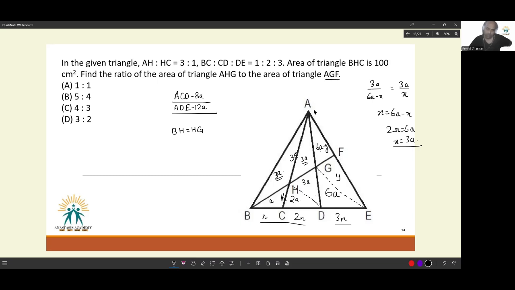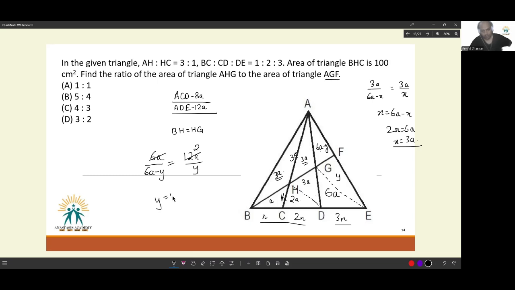ABG, area of 6A, by AGF, area of 6A minus Y, should be in the same ratio as ABGE, area of 12A, and EGF, area of Y. This time it is slightly different, it is 2.